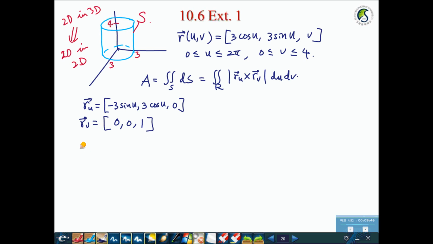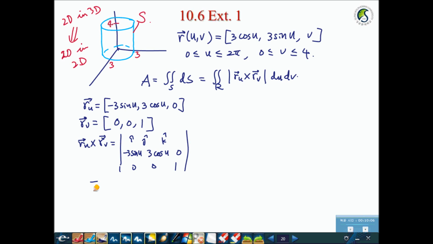And r u cross r v is the determinant with i, j, k, minus 3 sine u, 3 cosine u, 0, and 0, 0, 1.